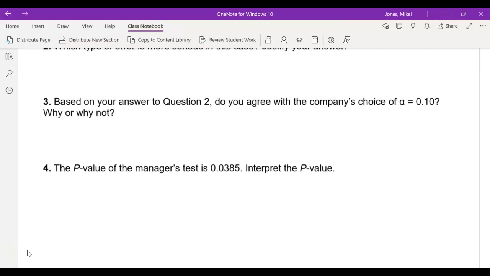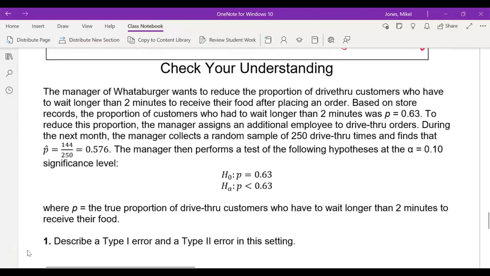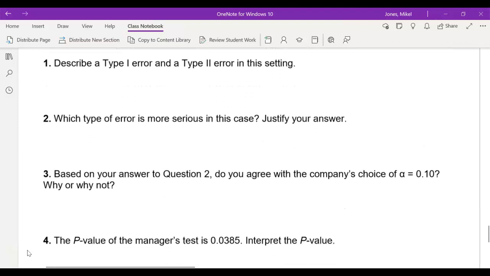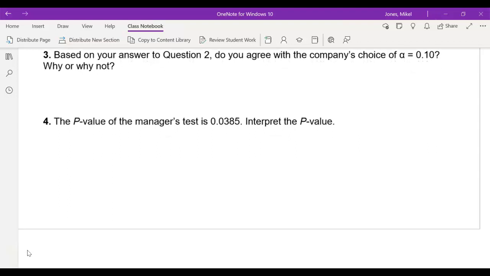So assuming that the true proportion of customers in the drive-through line who get their orders in more than 2 minutes is 63%, we would get a value of 57.6% 3.85% of the time by chance alone.